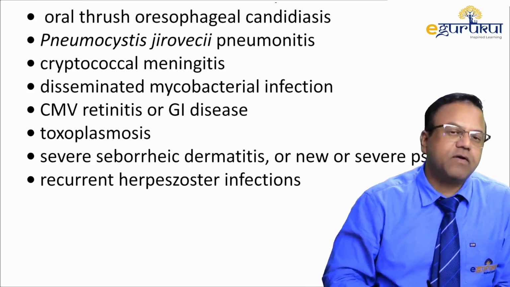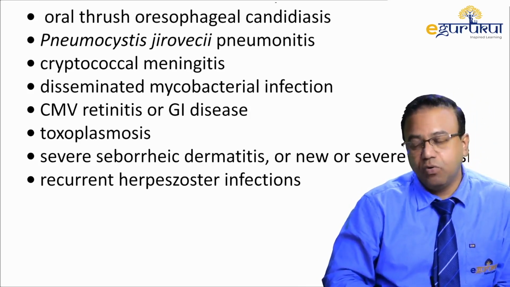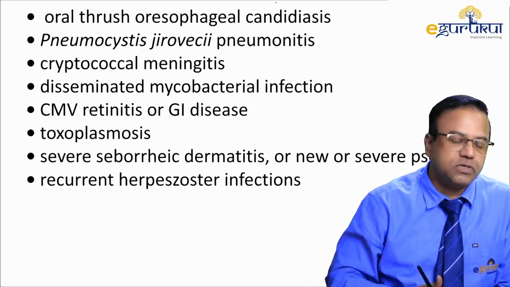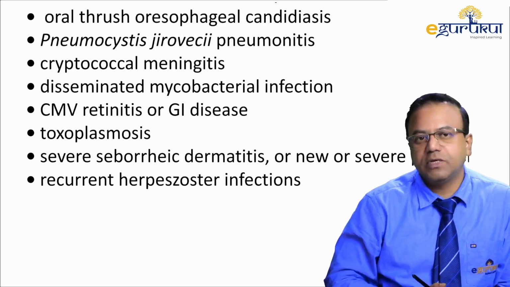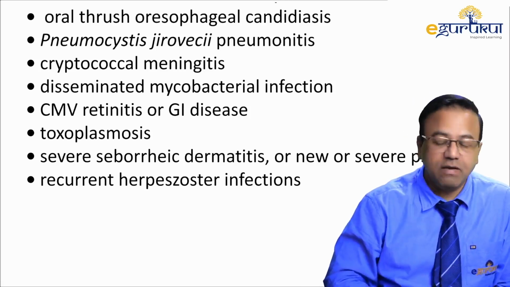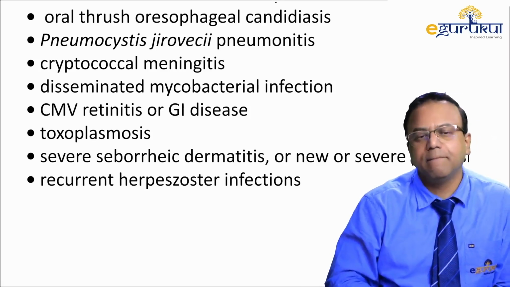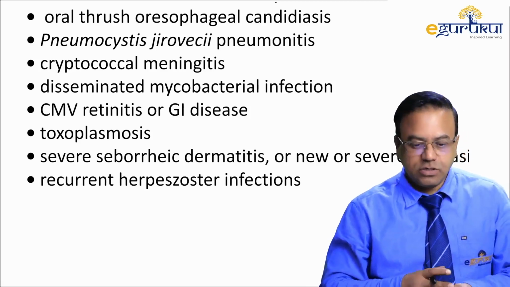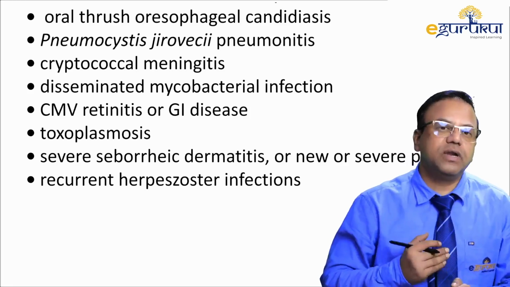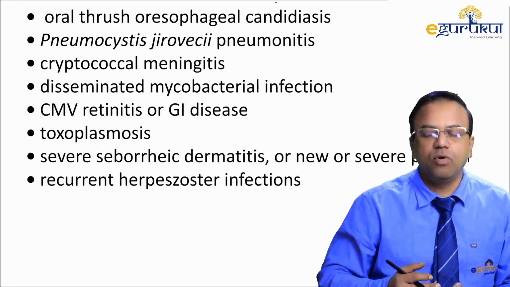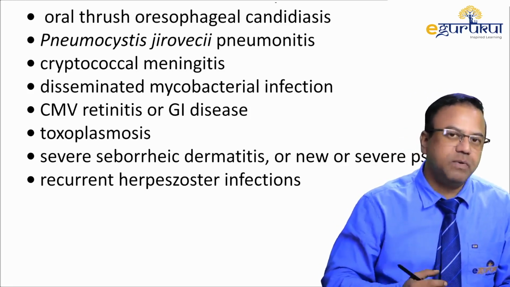At the same time, one should be aware of something called the AIDS-defining illnesses. We know that some of these diseases, the opportunistic infections, are so classical in patients when they develop AIDS, that is the third stage of HIV, that the very occurrence of them should indicate to us that they might actually be having an immune compromise problem, which could be HIV.